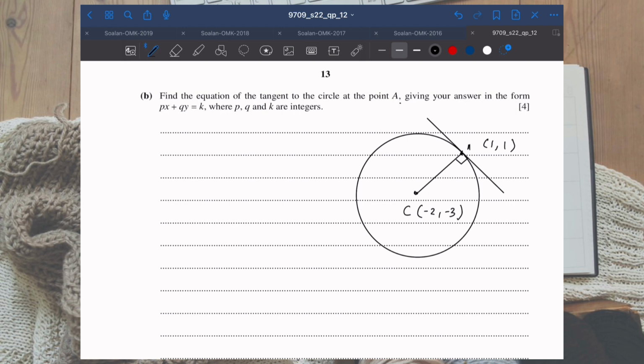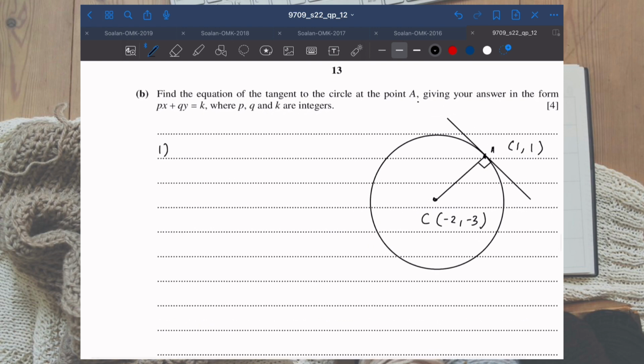Part B. Find the equation of the tangent to the circle at the point A, giving your answer in the form px + qy = k, where p, q, and k are integers. So to find the equation of any line, we first need to find, one, the gradient, and second, we need to know the point that lies on the line.